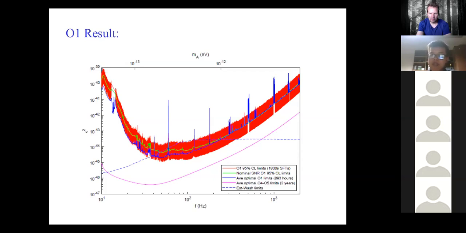So how are these two experiments related? If you have a dark photon being dark matter, then it will be an oscillating background field.